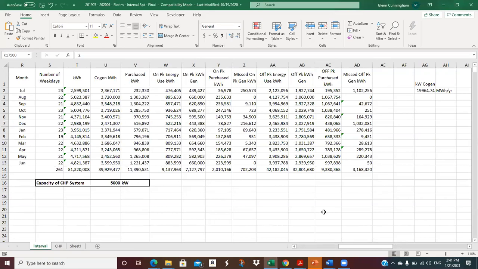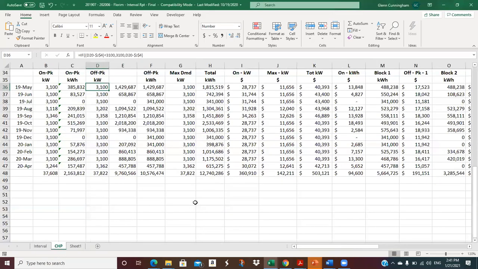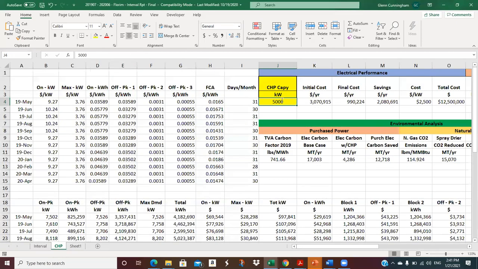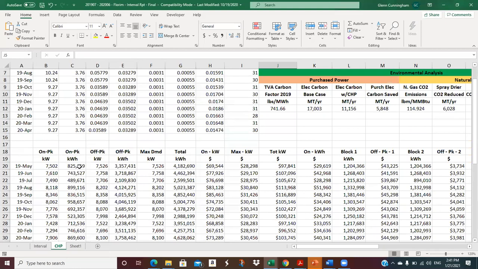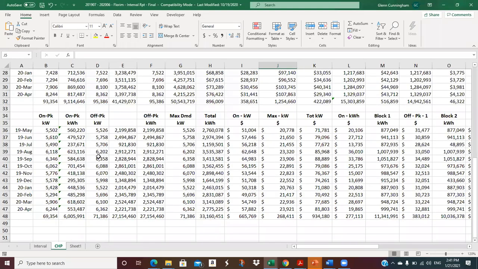It's a little bit interesting if you go back up here and say you put in 2,000, then all of a sudden, see how those 3,100s go away, because you're only generating 2,000.